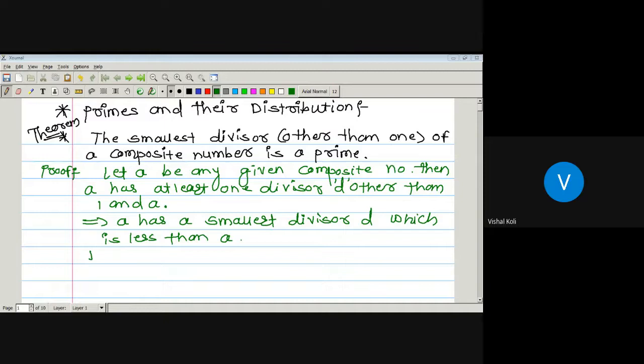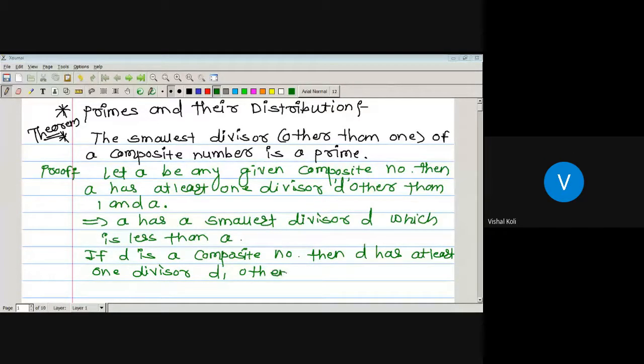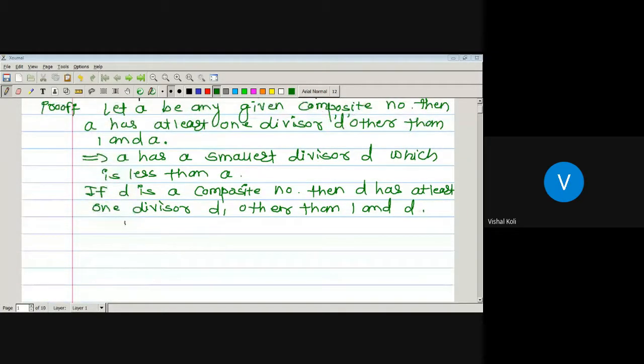Suppose d is a composite number. Again by the definition of composite number, d has another divisor d1 other than 1 and d. What is the relation between d1 and d?